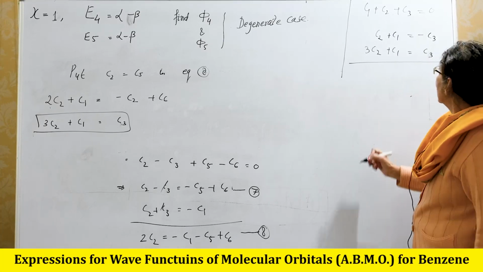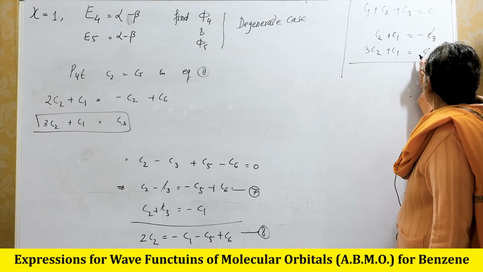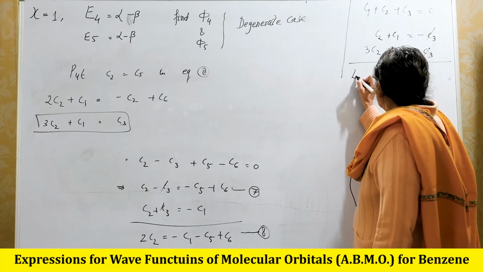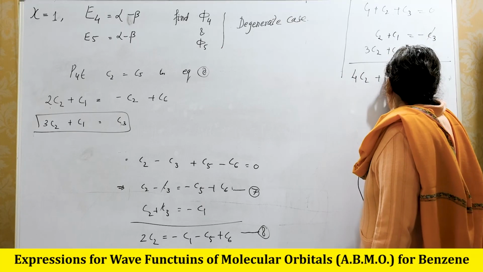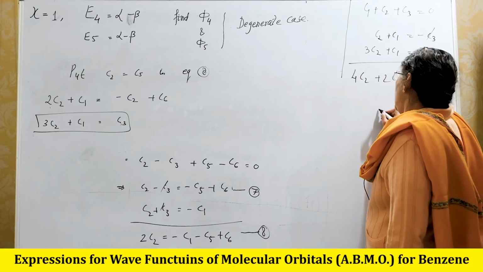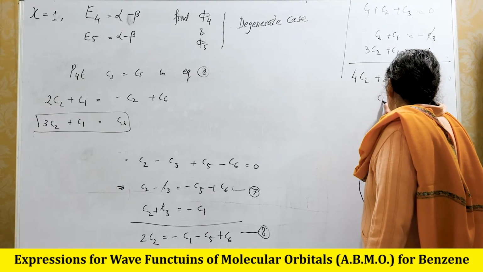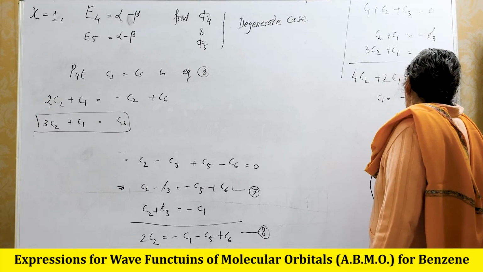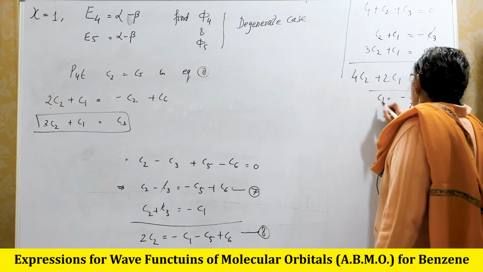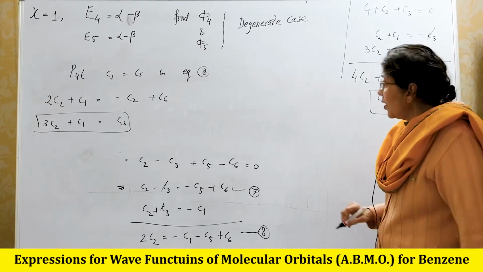On adding we get 4C2 plus 2C1 is equal to 0. Therefore C1 is equal to minus half C2. This is C2 in terms of C1.